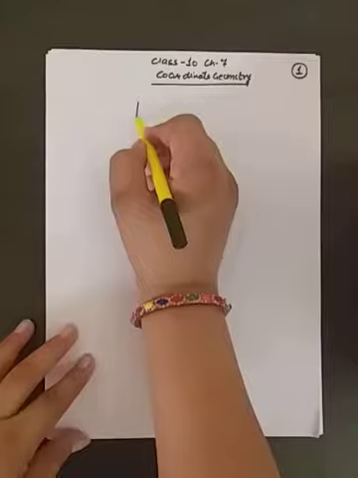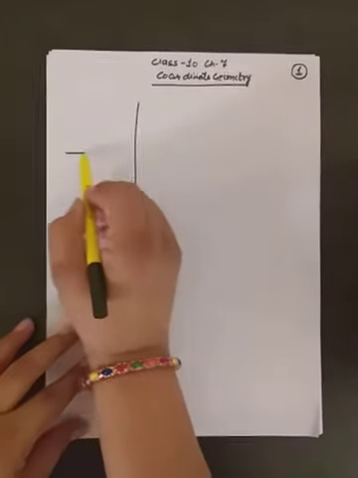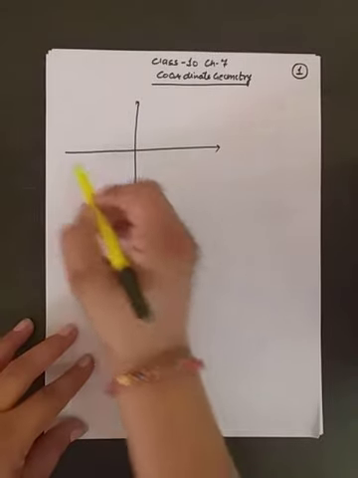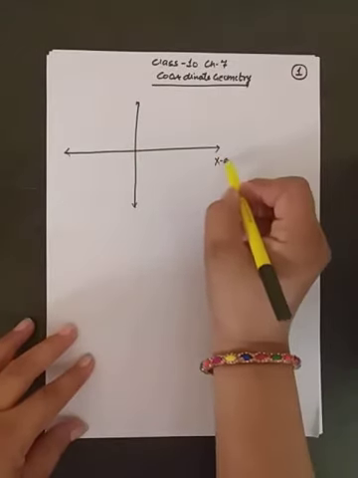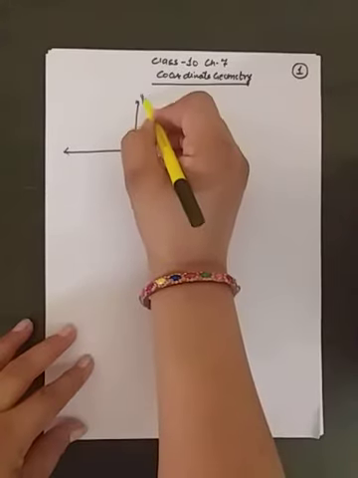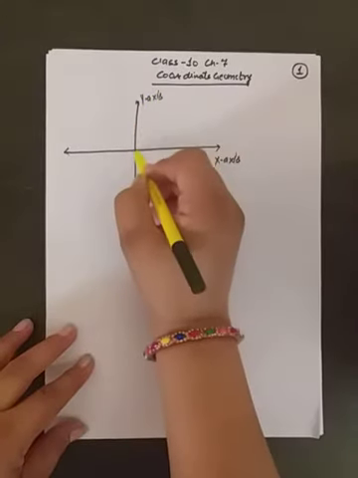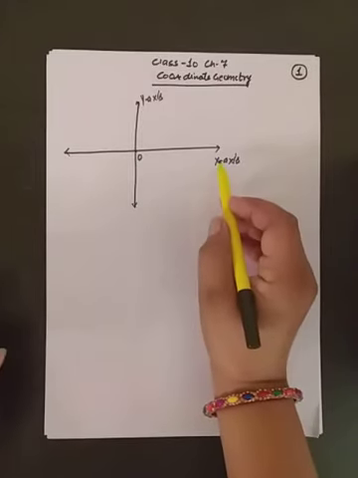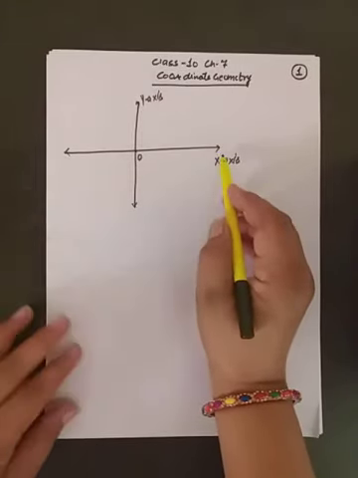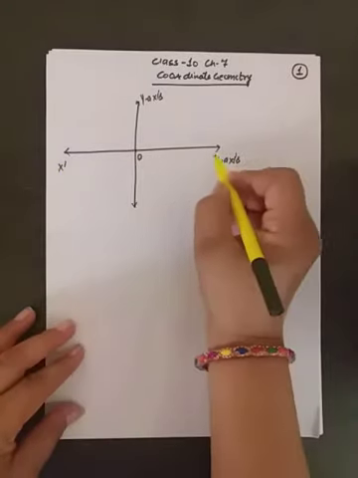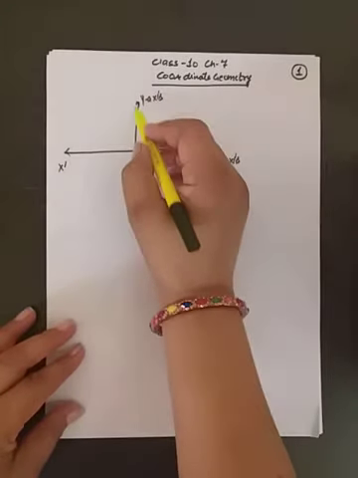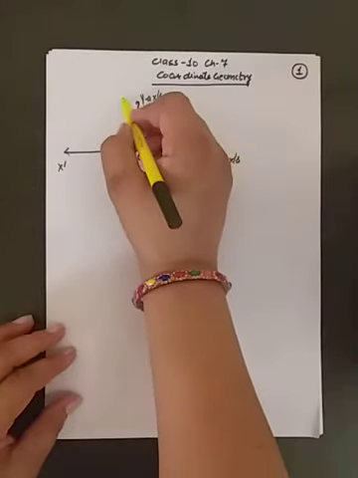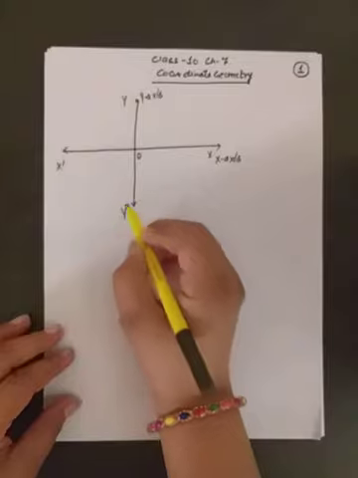In previous classes you have studied that two perpendicular lines represent the x-axis and y-axis. The horizontal line, meaning the line which is parallel to the ground, is called the x-axis and can be written as X'OX. The vertical line, the one which is standing, is called the y-axis and can be written as YOY'.